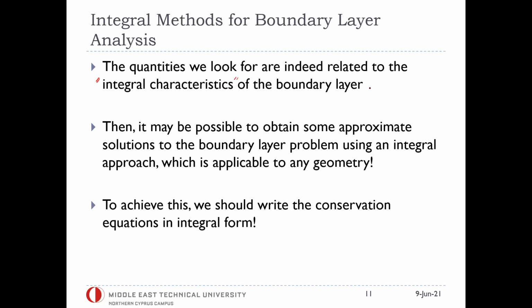All these parameters that we defined so far, like we are interested in the friction coefficient distribution. So therefore, integrating this, we want to get the drag coefficient, for example. We want to get the boundary layer thickness distribution. We want to get the displacement thickness distribution. We want to get the momentum thickness distribution.